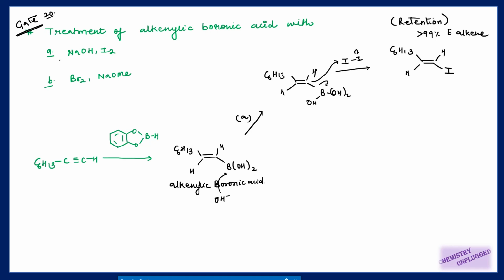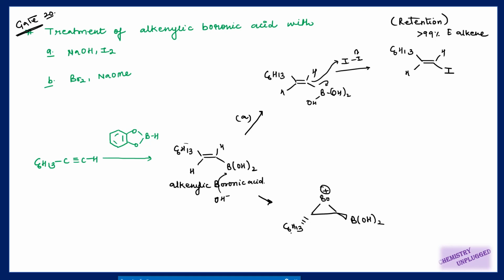So be careful whether you have the iodine or halide before NaOH or after NaOH. For example, in this case, first we are using Br2, then sodium methoxide. So what will happen? First this bromine will form a bromonium ion with this alkene. We should draw it like this: because these two groups are attached on opposite sides, suppose this hexyl group is below the plane, this part will come above the plane.